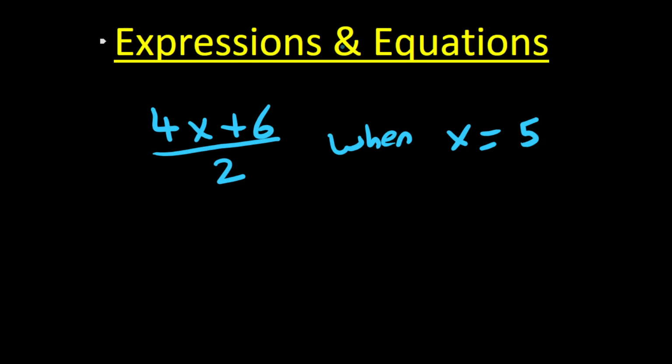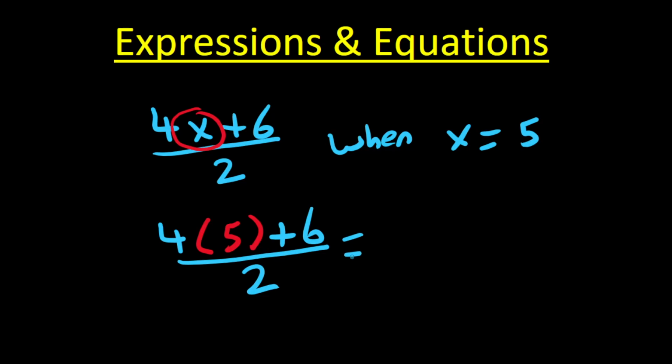So again, all we have to do is substitute this x for 5. So let's rewrite this. 4 times 5. Let me just make it clearly here in red. 4 times 5. And we'll write down the rest of the expression, plus 6 over 2.